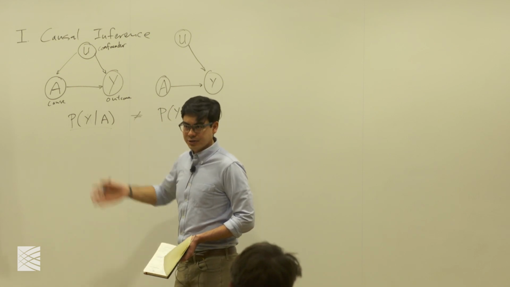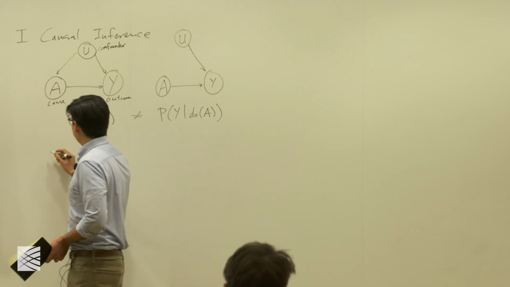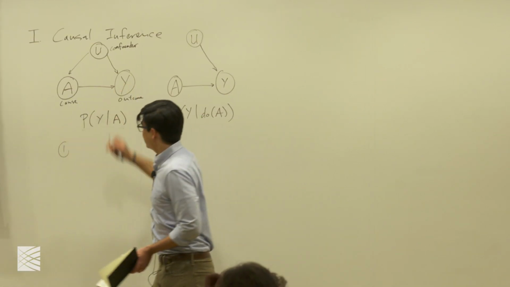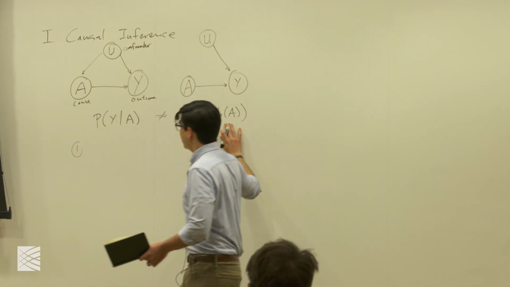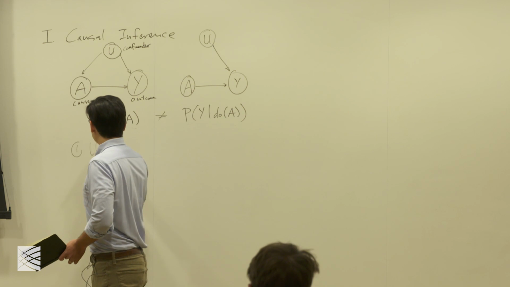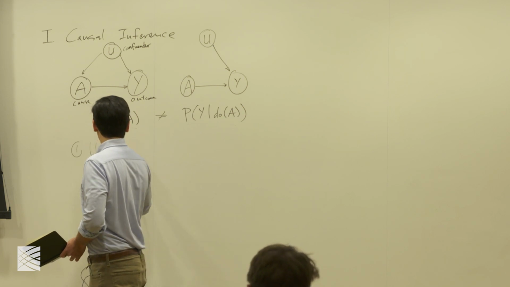We'd like to condition or adjust for them. And so there are a couple of assumptions under which that strategy is sufficient for non-parametrically identifying our P of Y given do A. The first assumption is called unconfoundedness.